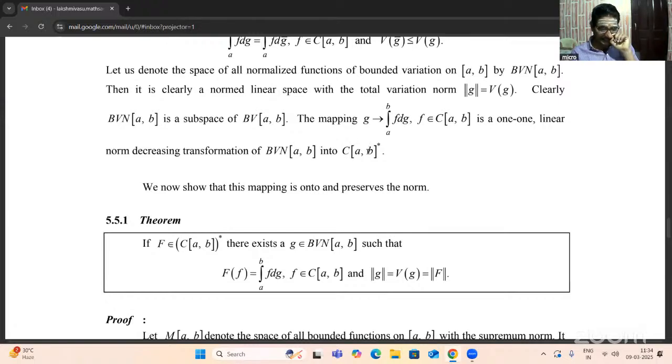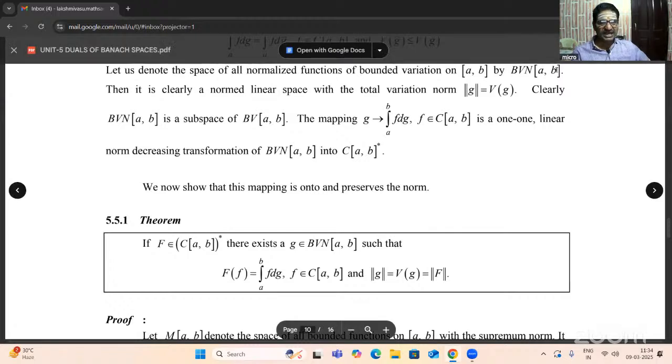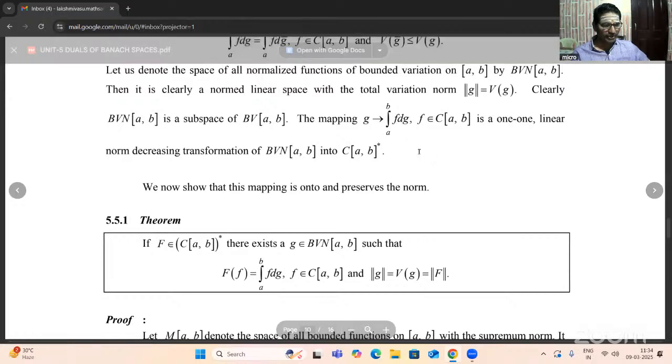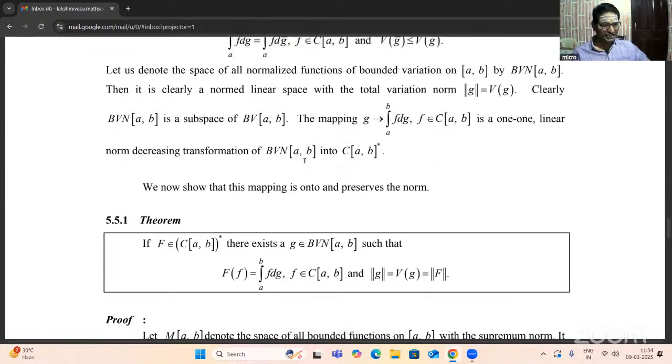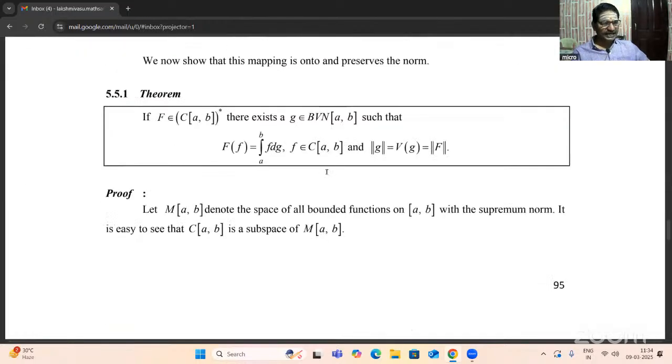So F is a one-one, linear, norm decreasing transformation of bounded variation on the closed interval ab, meaning normalized functions of bounded variation. Normalized functions of bounded variation means BVN of ab. Now that is the representation of normal linear bounded variation functions. Okay, and this theorem is also very important.